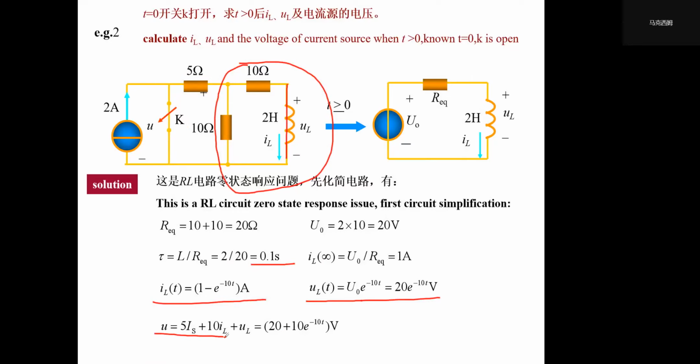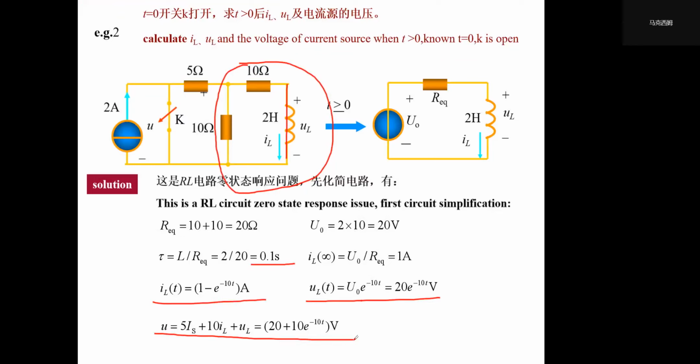Then we can calculate the corresponding U. So those examples are not very difficult to solve, and the only things we have to calculate are the equivalent resistance, the corresponding time constant, and the initial condition. So we just put them together into the general solution form. Then we have the result. So it's not very difficult.